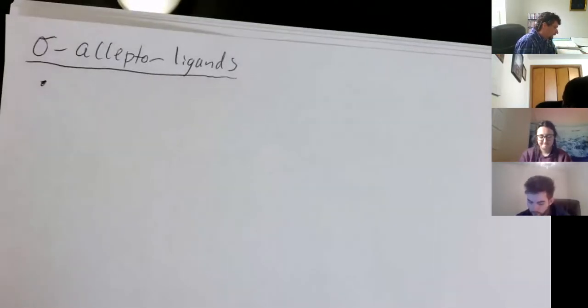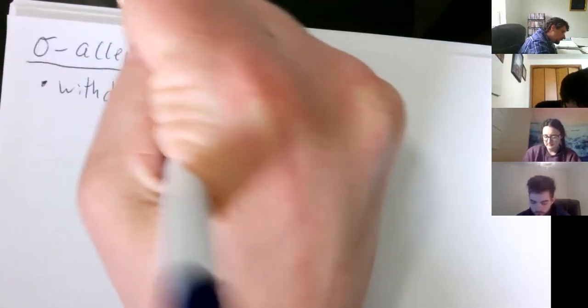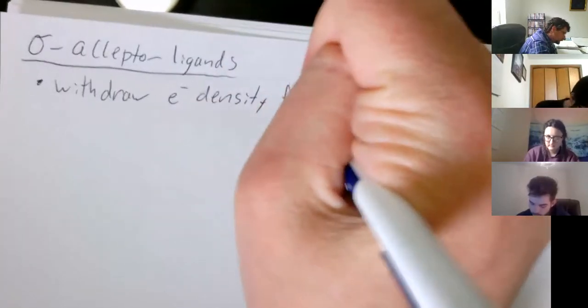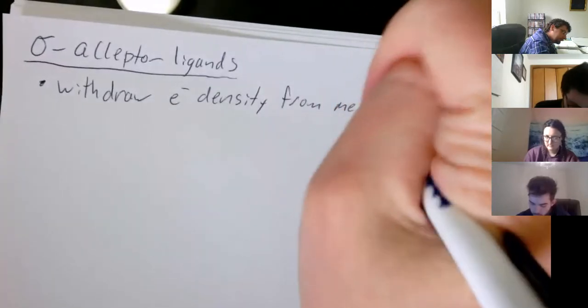Okay. So what happens is these ligands withdraw electron density from the metal and give it to the ligand.